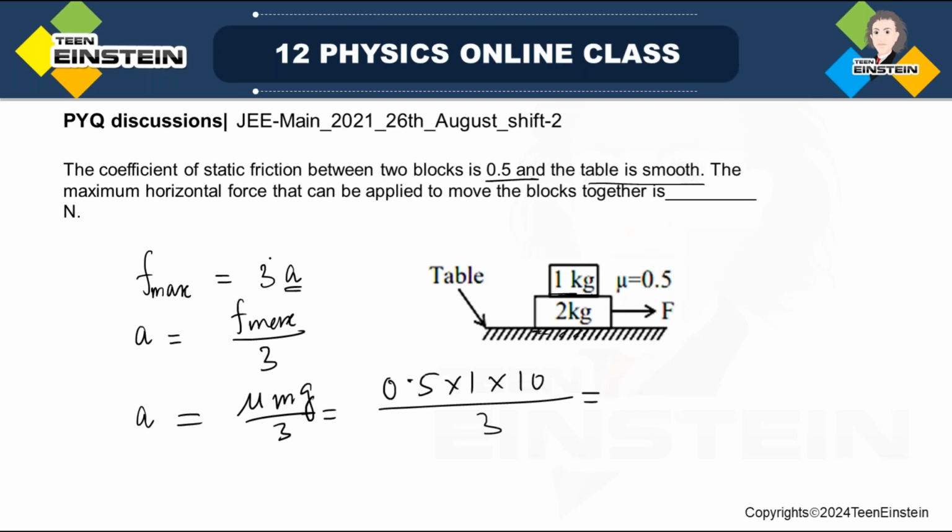Actually, there is a small mistake over here. I'll just correct it here. This will be just 1a, because the frictional force which is actually on this upper block has to be equal to this much.